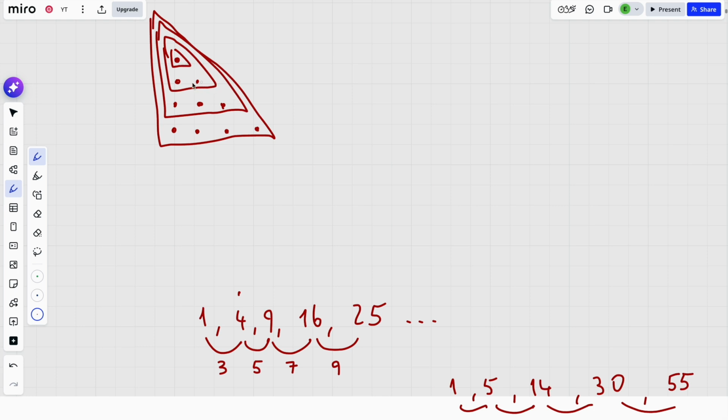So 1 plus 2 plus 3 plus 4, so on and so on. The square numbers, well, there are several reasons they're called square numbers, but at least one reason it makes sense to call them square numbers is because they make squares. Here's the first square number 1, the second square number 4, the third square number 9, and so on and so on.